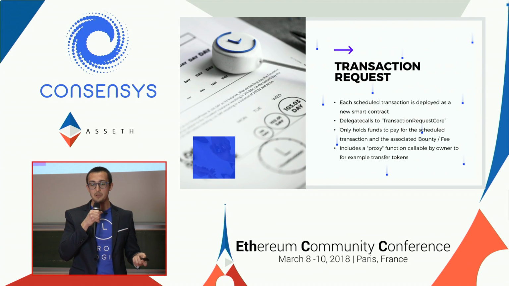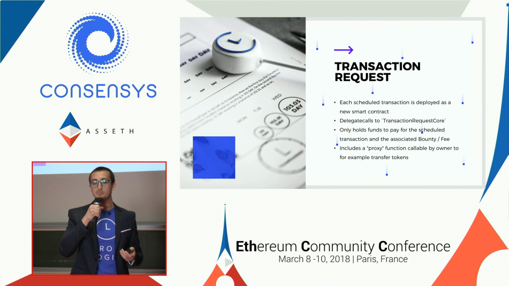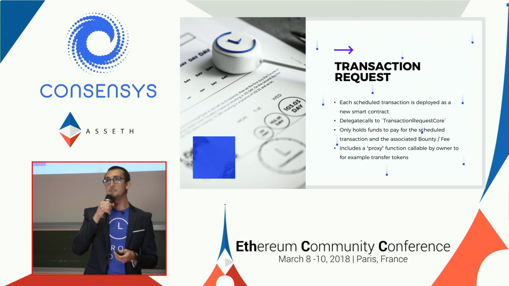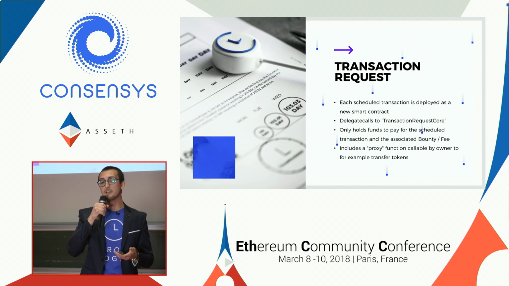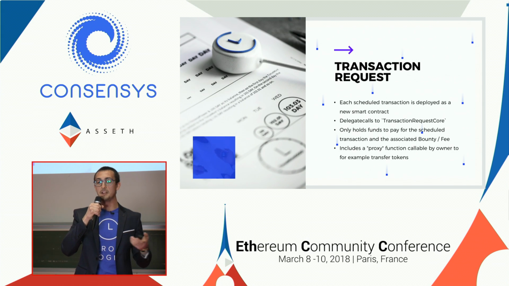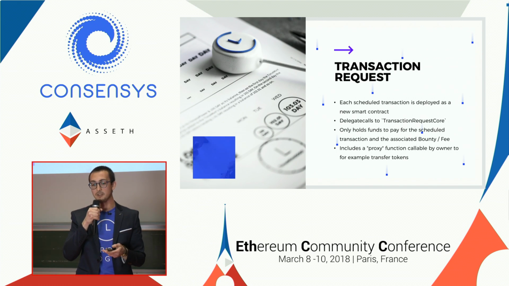And we've also included a proxy function here. So if you do schedule a transaction to buy assets or buy tokens, those tokens will then be sent to the transaction request contract, and you can proxy call that out to make those tokens actually useful.